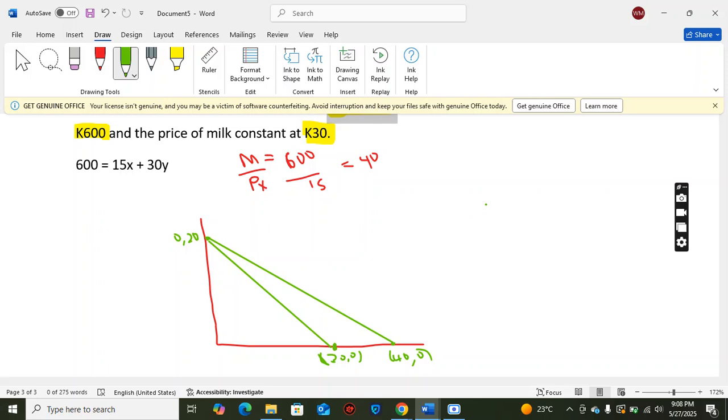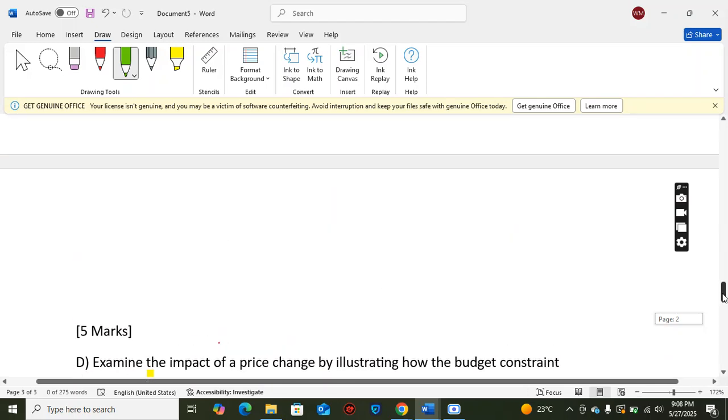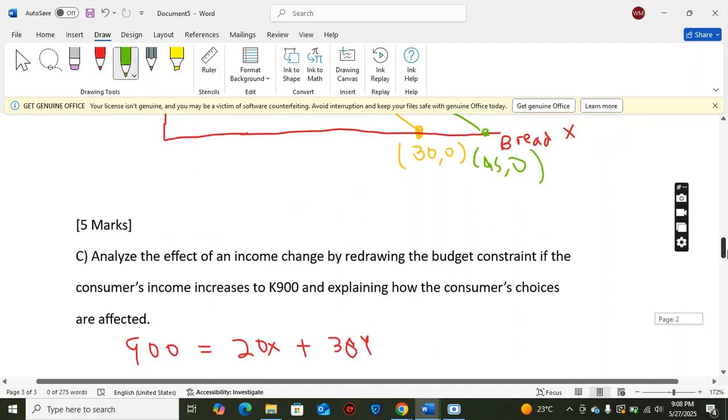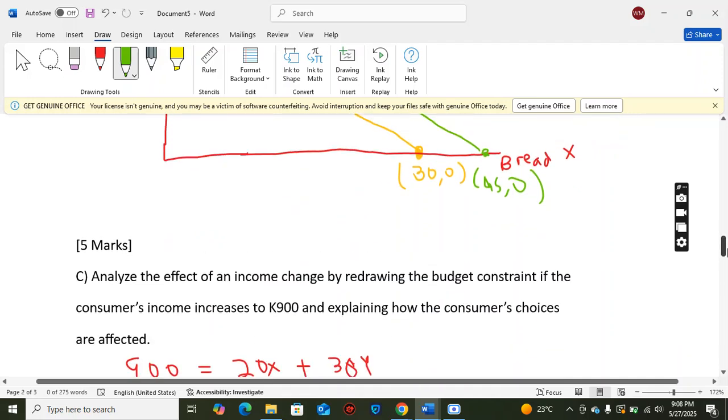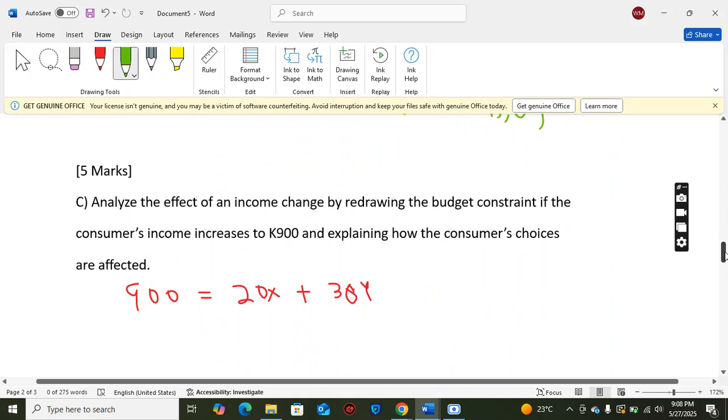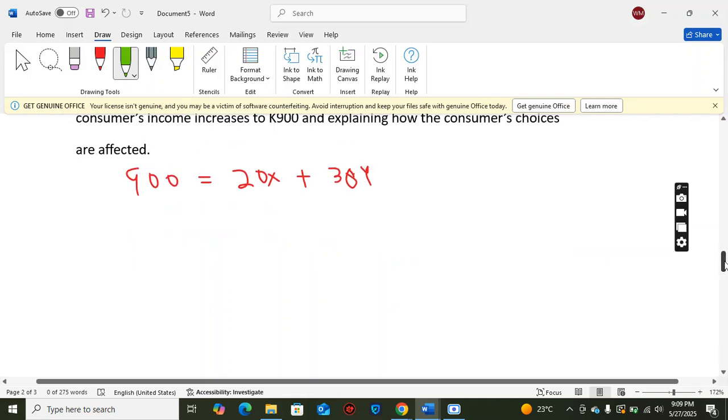Let's see the way the questions are structured. It depends on how the question is structured. If each question tells you to illustrate on a graph, then you need to draw them separately. But if they tell you one graph, you have to use one graph.